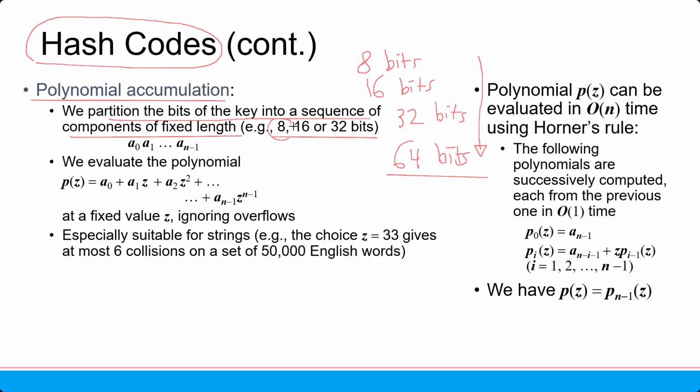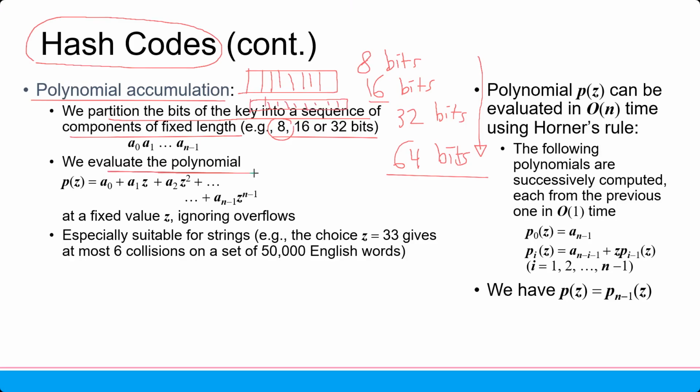If it is 8 bits, then it will have like 8 spaces: 1, 2, 3, 4, 5, 6, 7, 8, like this one. If it is 16 bit, then it means we have 8 and we have another 8, and so on.